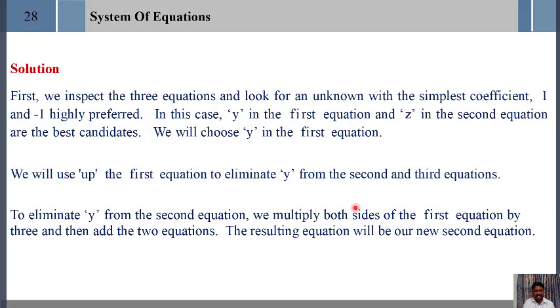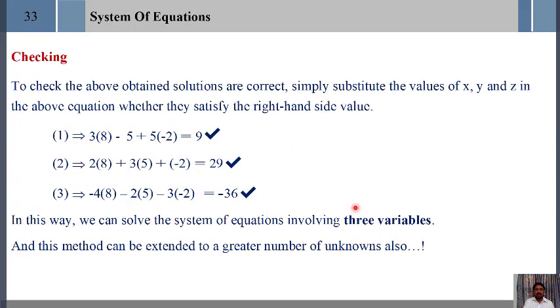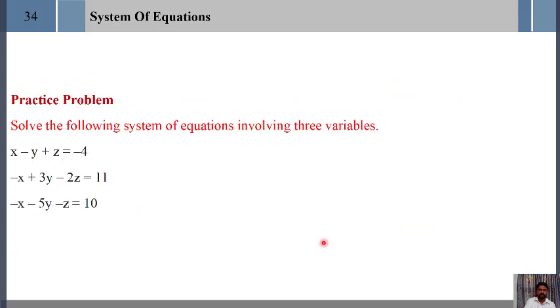That satisfies the equations, therefore our obtained solution is exactly correct. This method we can extend for any number of variables and any number of equations to find the required solutions. So this method can be extended to a greater number of unknowns also.